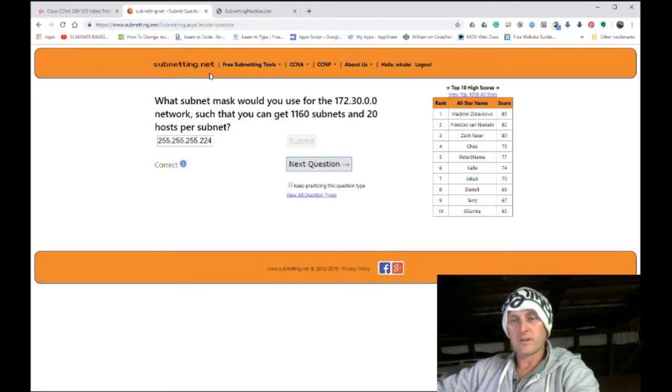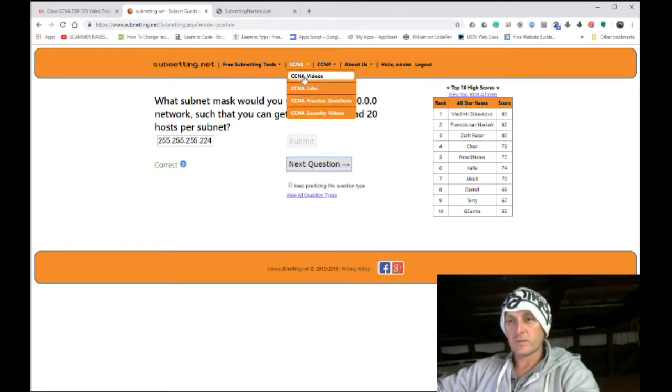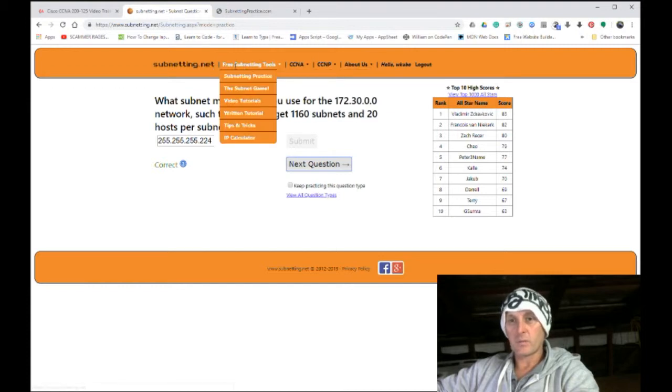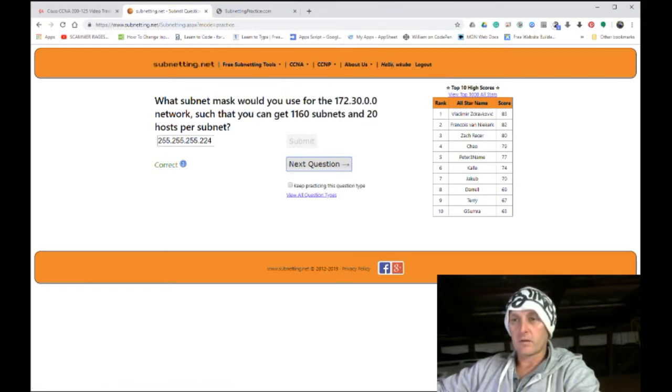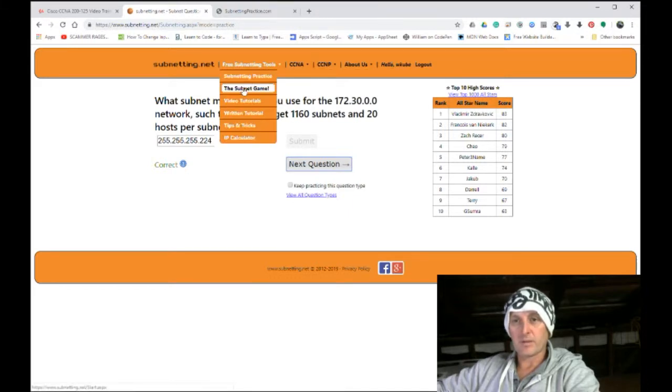There's two accounts. There's the free version account, which you sign up and you get a couple of things free. And then there's the pro account, which you get all the videos and tutorials of how to make subnet cheat sheets and all this stuff's basically unlocked. But when it's just like a login account, you can log in and you just get like a couple of things free.